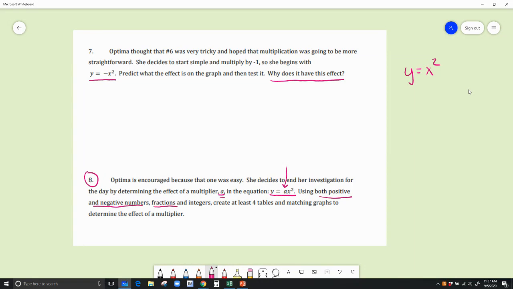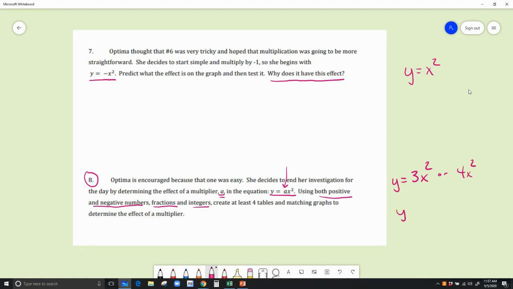fractions, and integers. Okay, so integers, 1, 2, 3, 4, -1, -2, and then also fractions. So we want to know what happens if we plug in a fraction up front. Well, let's start with an integer. So let's say what happens if we do 3x² or 4x², right?